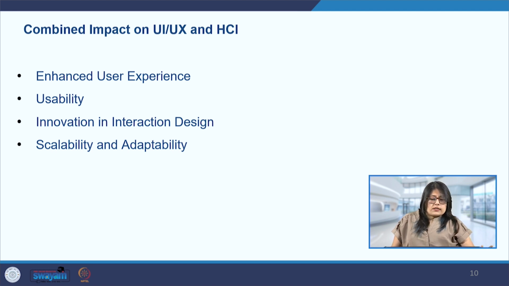These advanced hardware capabilities allow designers and developers to experiment with innovative interaction paradigms like we saw earlier, like AR, VR. All these technologies can be incorporated seamlessly into the system, again making the system intuitive and also productive for the user.